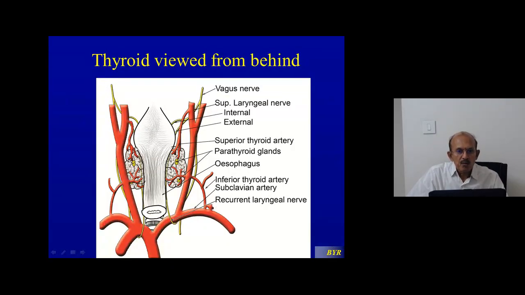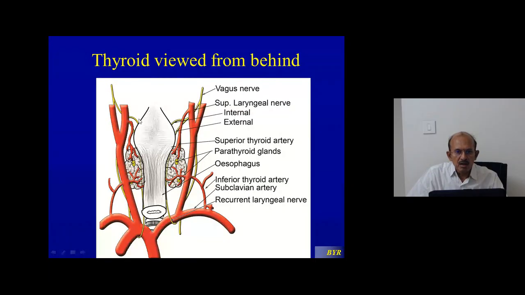Now, when you are doing surgery on the thyroid gland, where do you put the ligature to safeguard this external laryngeal nerve and internal laryngeal nerve? The internal laryngeal nerve usually is not in danger because there is a lot of distance between the superior thyroid pole and the internal laryngeal nerve.